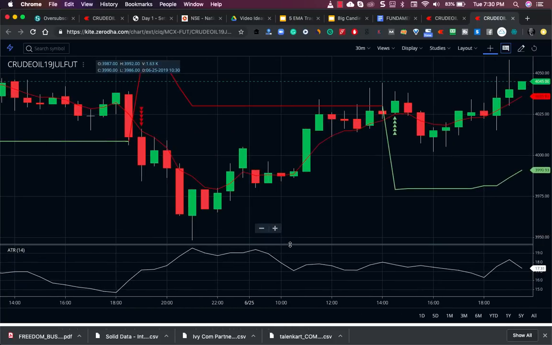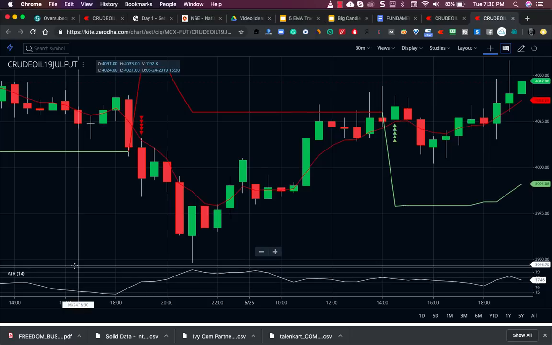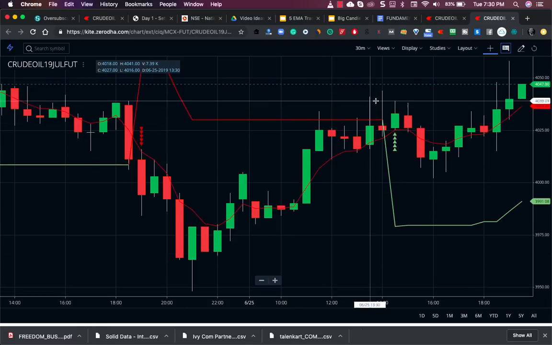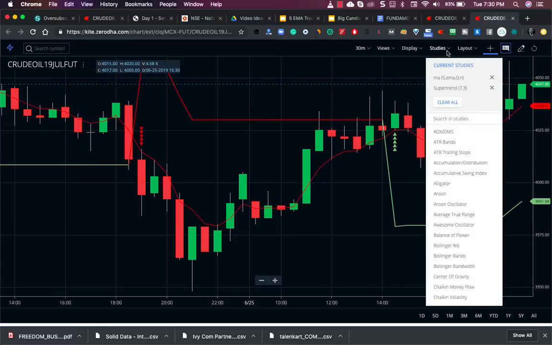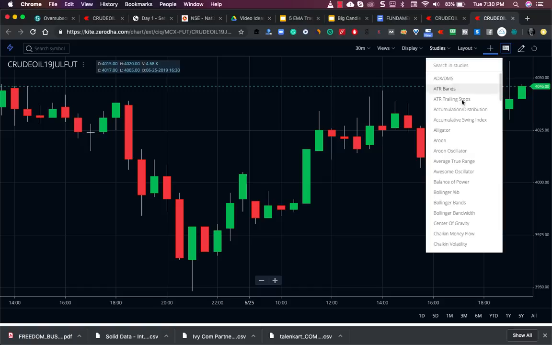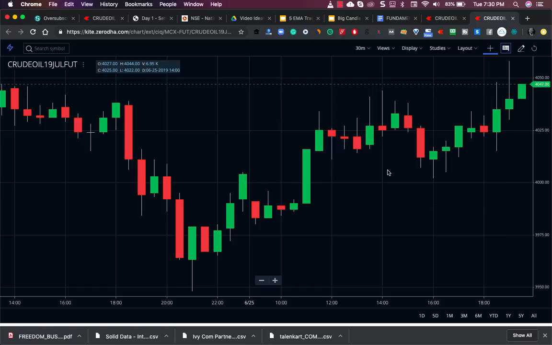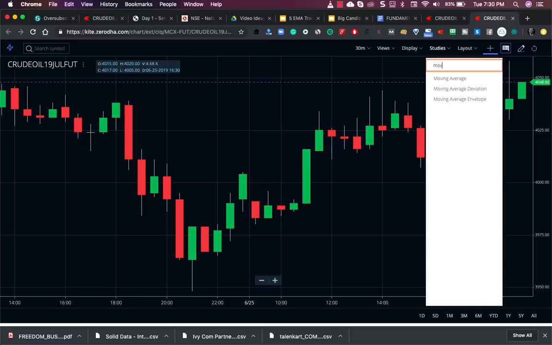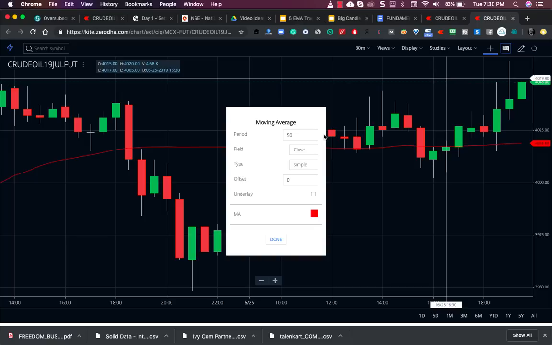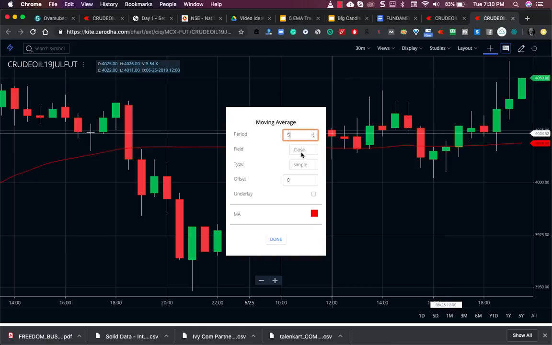Alright, so you actually don't need ATR, so I will cross this off so that there is less confusion. And what I will do is I'll close these two and add them again so that you understand what I am doing. So this is basically a 30-minute crude oil chart, and I am adding the moving average. So make a good note of this. I am looking at moving average and going to exponential.